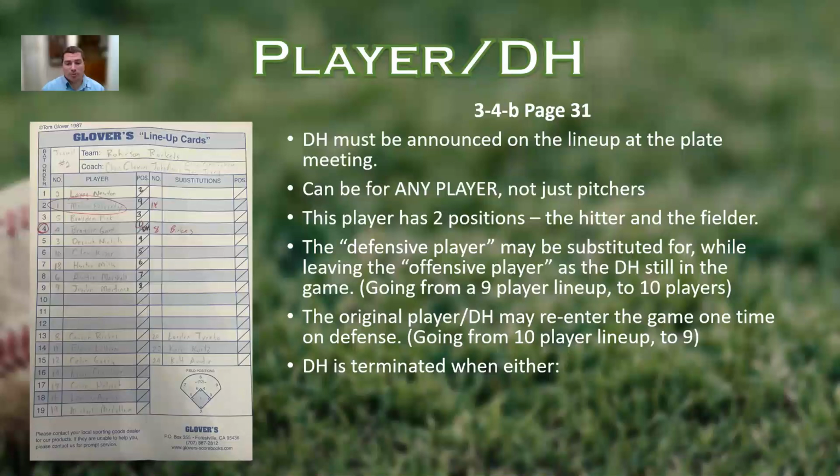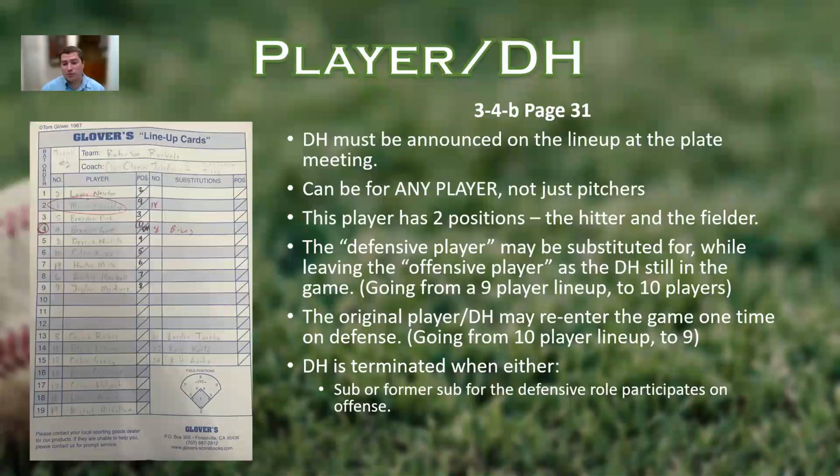The DH is terminated when either, number 1, the sub or former sub for the defensive role participates in offense. So this is, again, where they cross paths, or cross roles. So if the defensive role goes in on offense, the DH is done, okay?